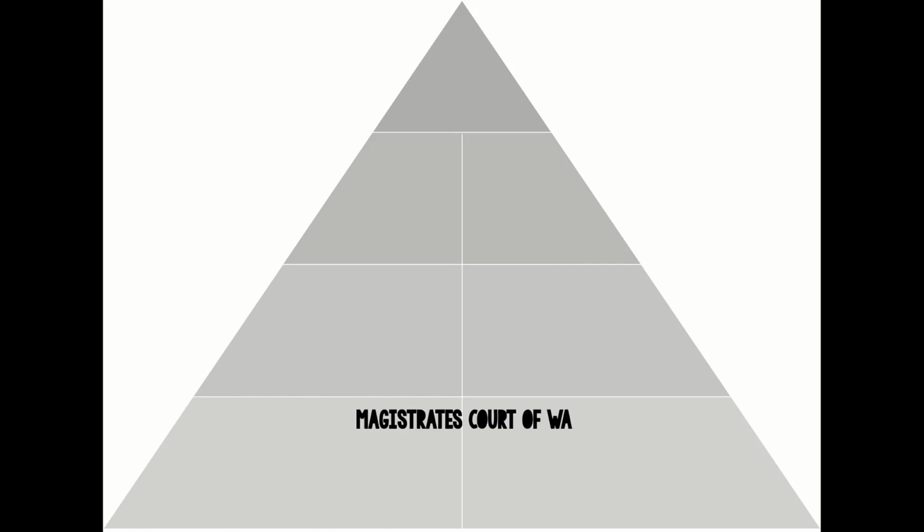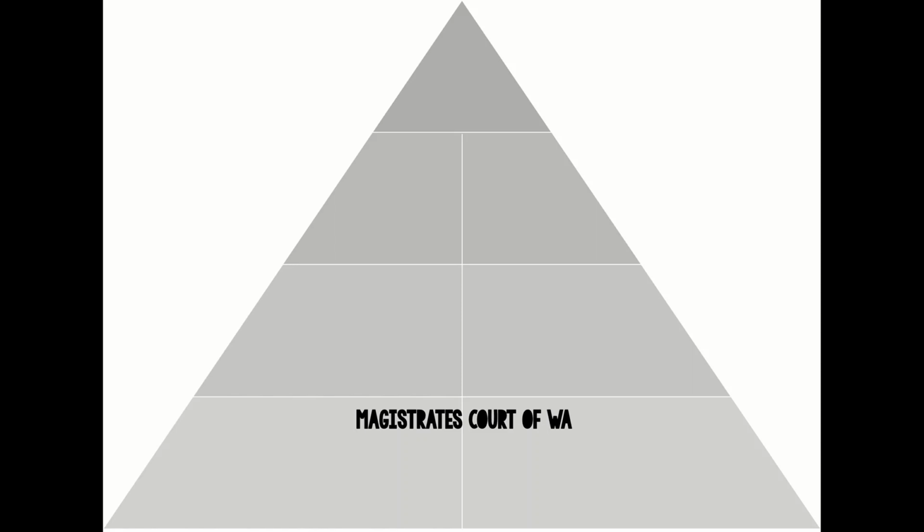The bottom layer of courts in Western Australia is the Magistrates Court. In the Magistrates Court, we see smaller cases. So in the criminal section, you can write this information on the left-hand side of your pyramid.